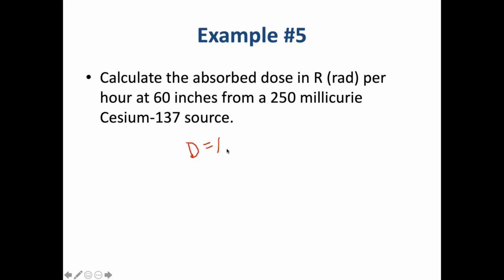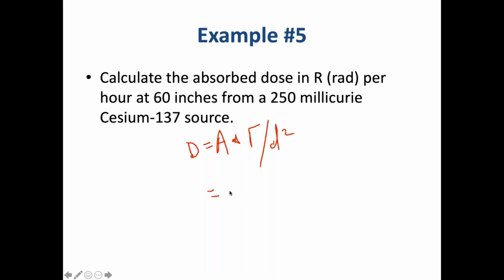D equals A times tau divided by D squared.